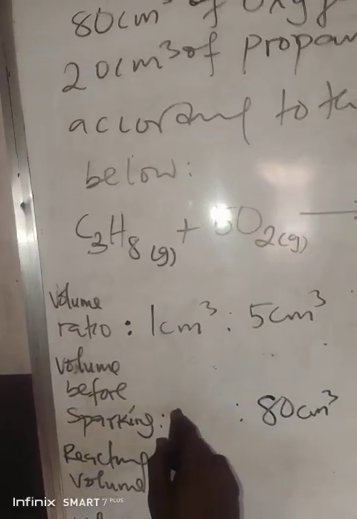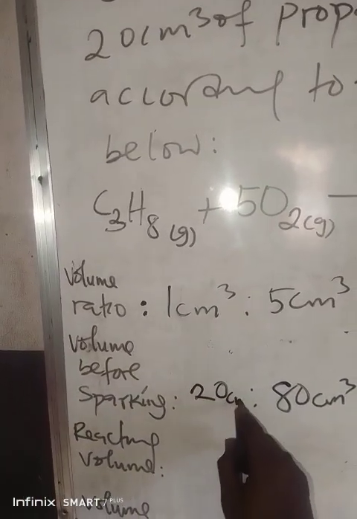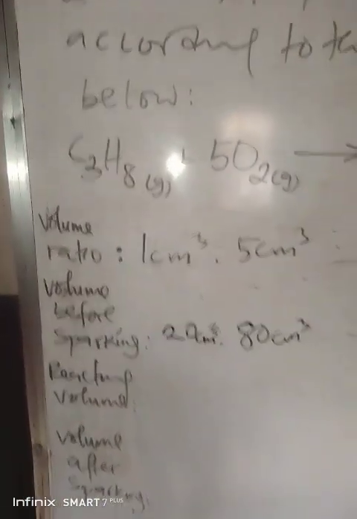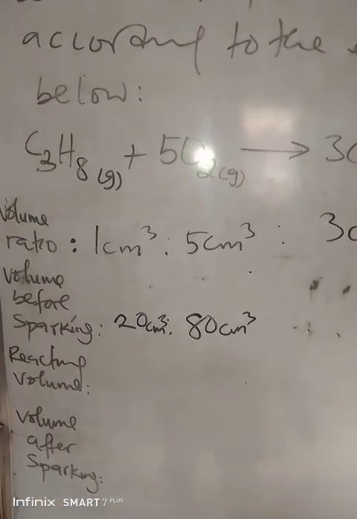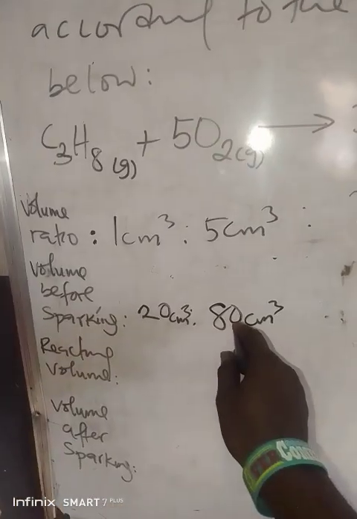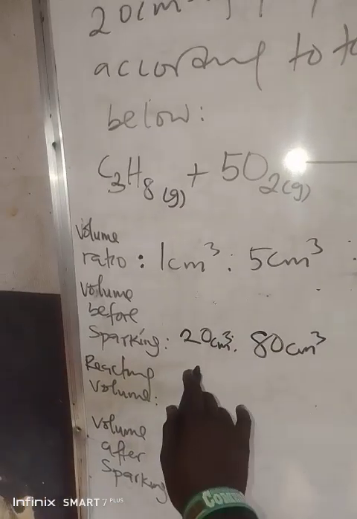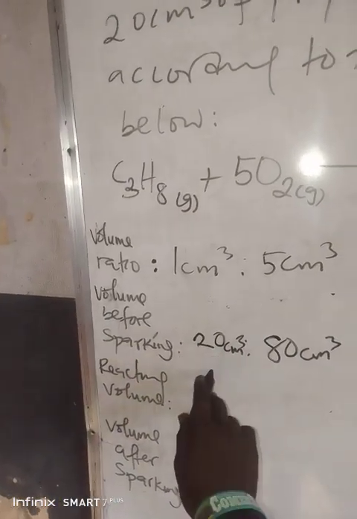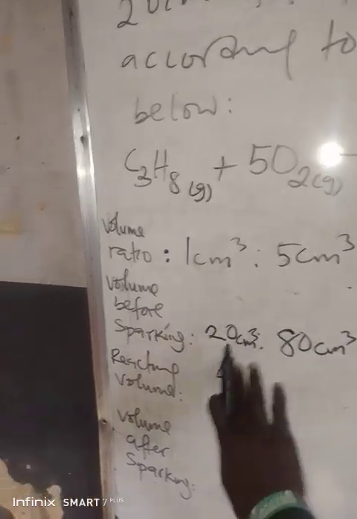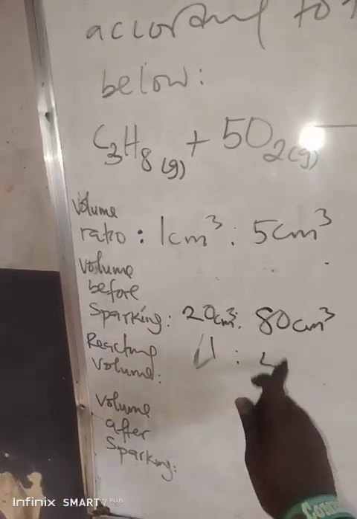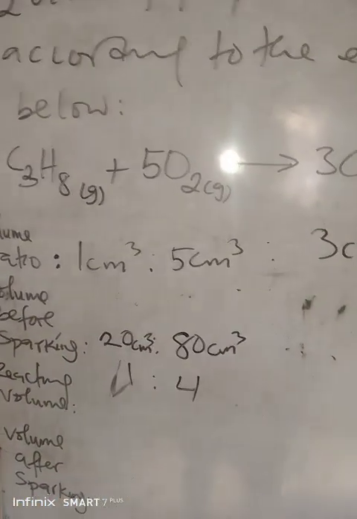So under propane, I write 20 cm³. Now, if I use 20 to divide 80, I'm going to get 4. I mean, here it will now be 1 ratio 4, which is not in line with this.